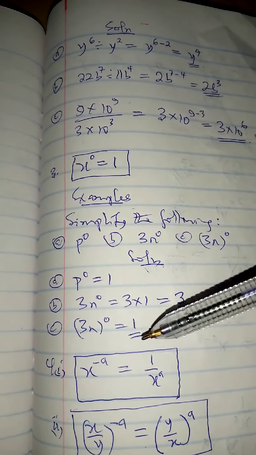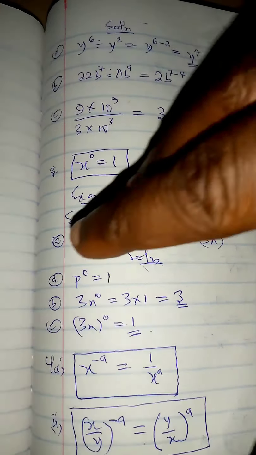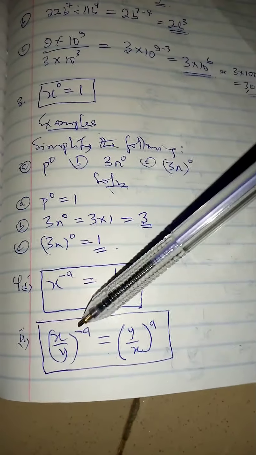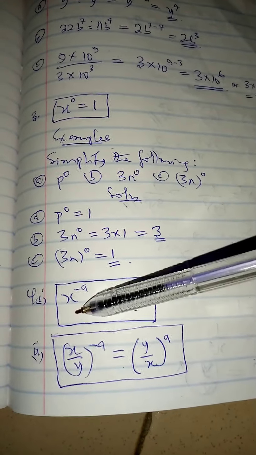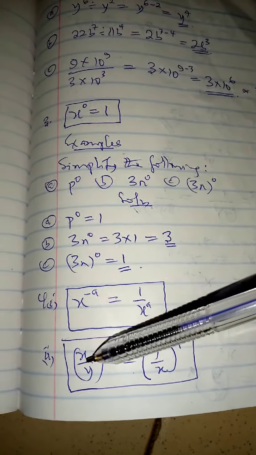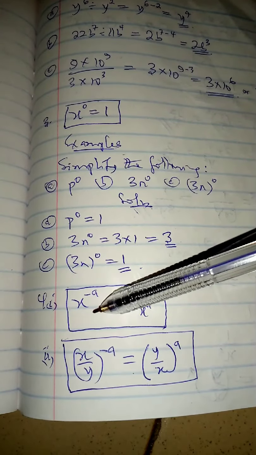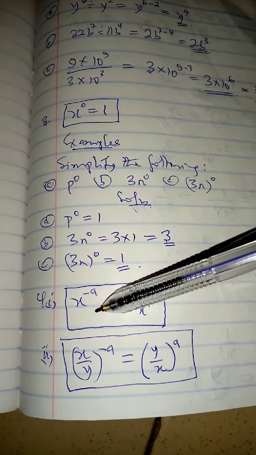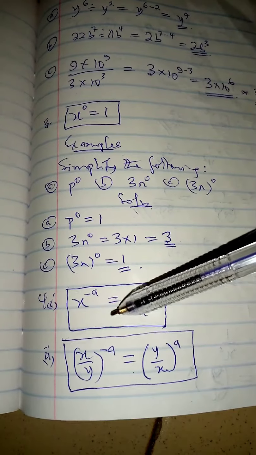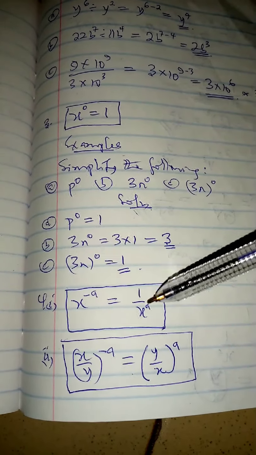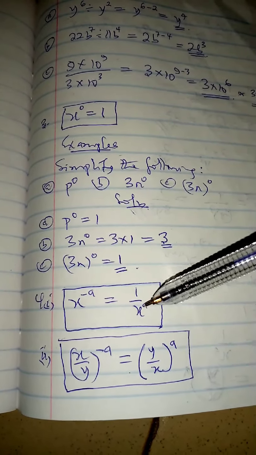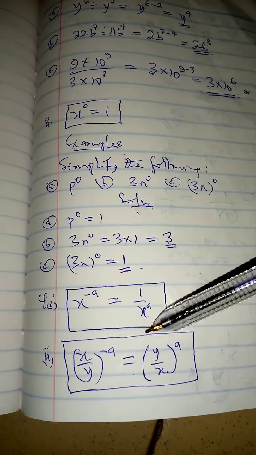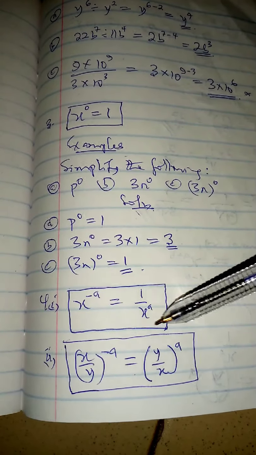The next law is the negative index law, which I grouped into two. The first one is when it's whole, like a whole number, x raised to power minus e becomes 1 over x raised to power e.